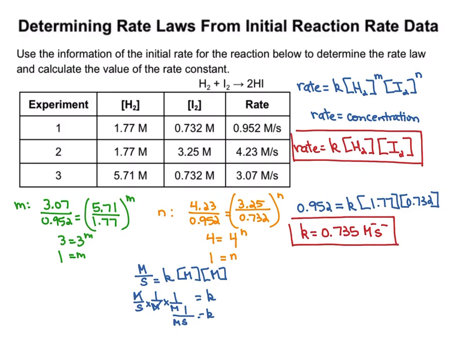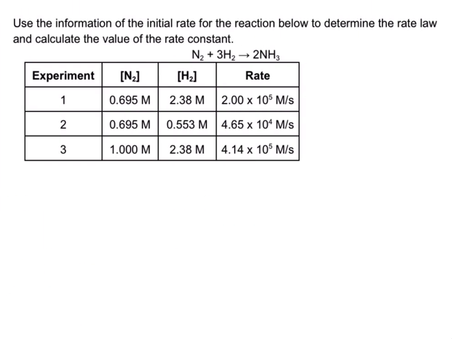Let's take a look at another example. In this example, they've given us information of the initial rate for the reaction, and they're asking us to determine the rate law and the value of the rate constant.